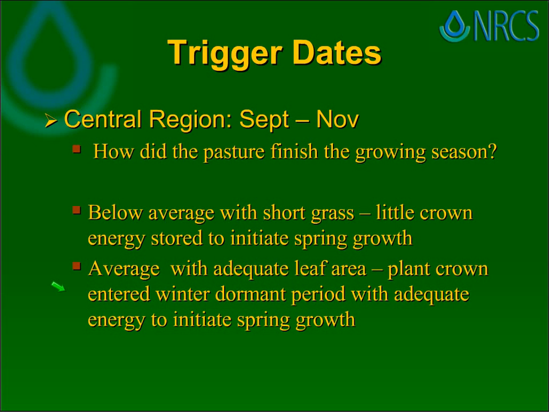Those plants were trying to get some solar collectors, some leaves up there, to help them go into the fall in better shape than what they had just survived in that portion of the drought last summer. With the cows eating that amount of leaf area, it depleted the energy stored in that crown even further.